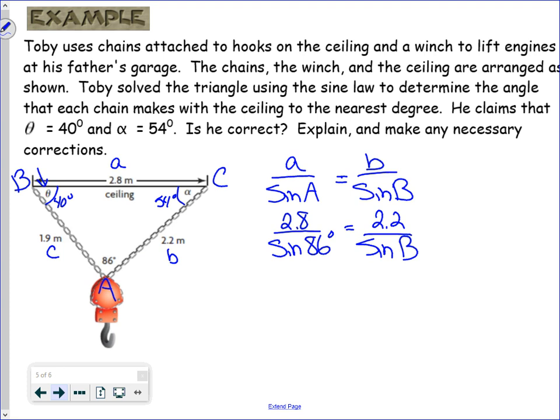So this time we're actually looking for an angle. So again, I'm going to change sine 86 to a decimal. So we'll have 0.99756, so we'll round that to 0.9976.